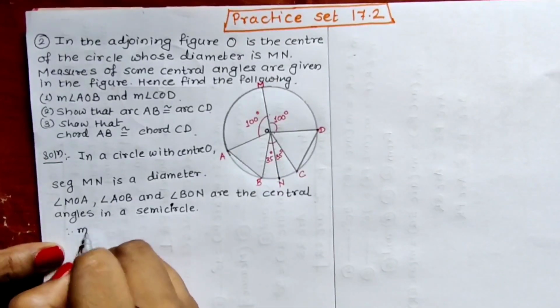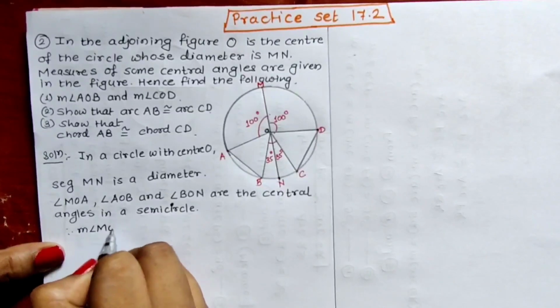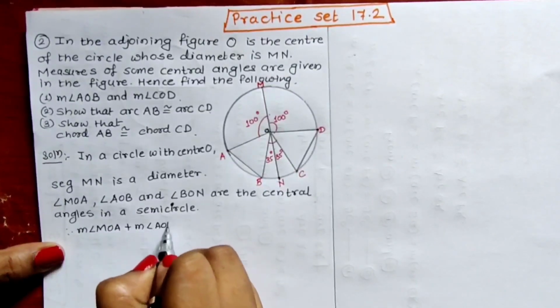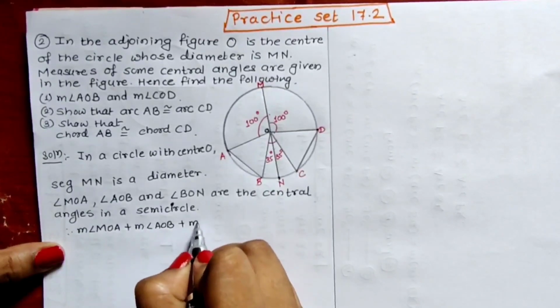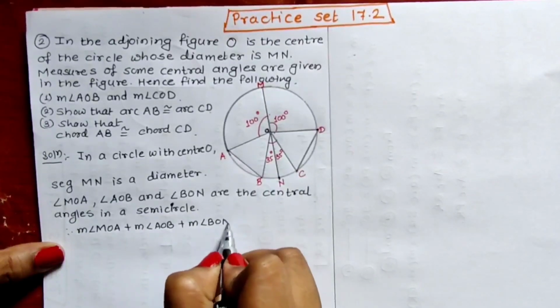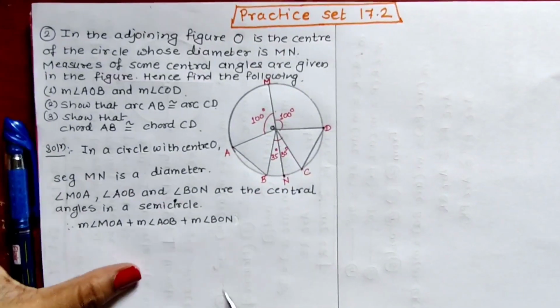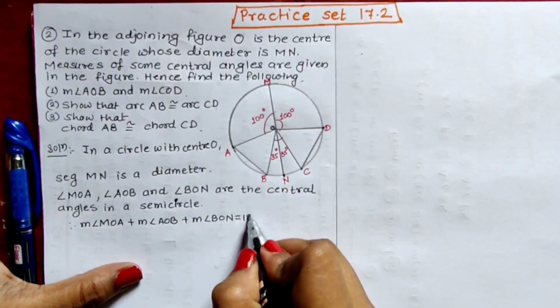Therefore, major angle MOA plus major angle AOB plus major angle BON is equal to 180 degree.